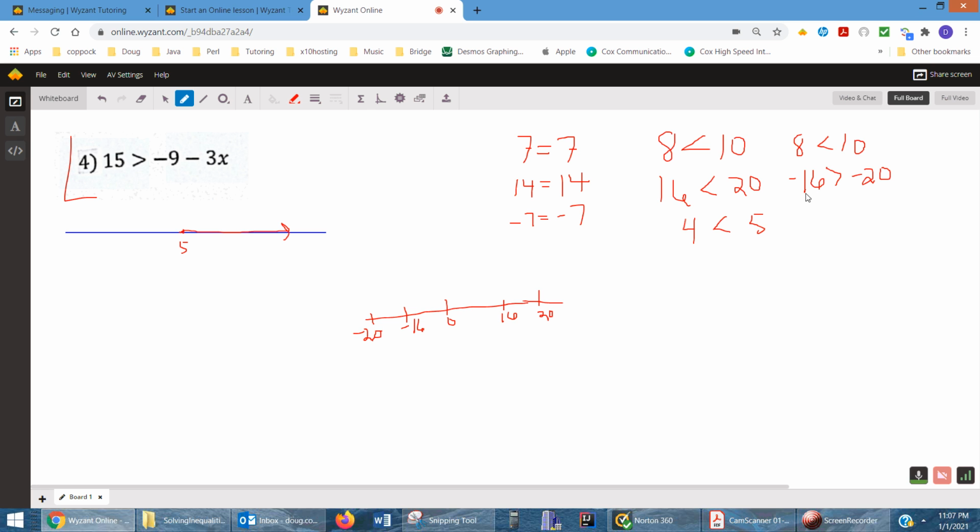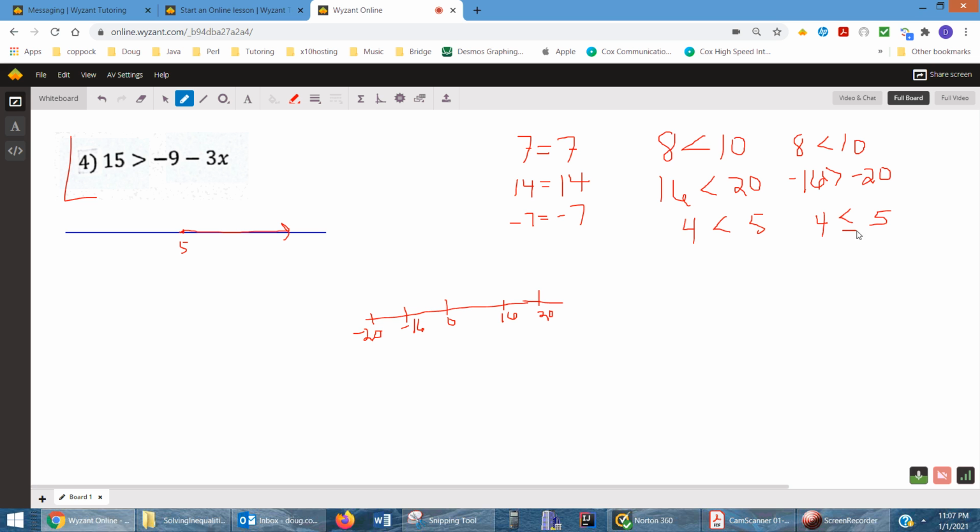Continuing with this example, if I divide both sides by -4, -16 divided by -4 would be 4. -20 divided by -4 would be 5, and this arrow has gone from greater than to less than. If you divide or multiply both sides of a linear inequality, or any inequality, by a negative number, that arrow has to reverse direction.